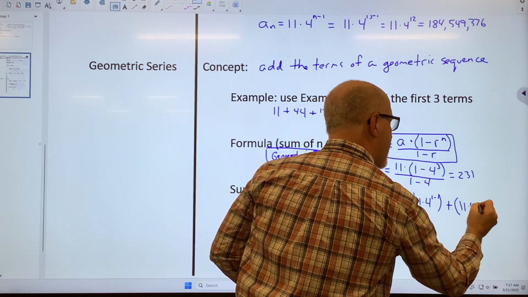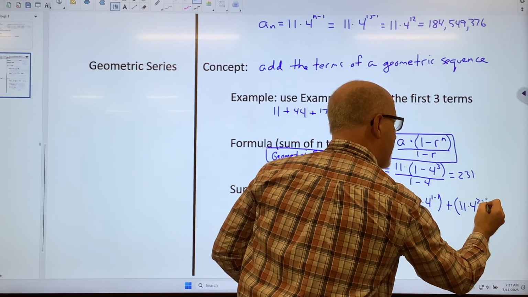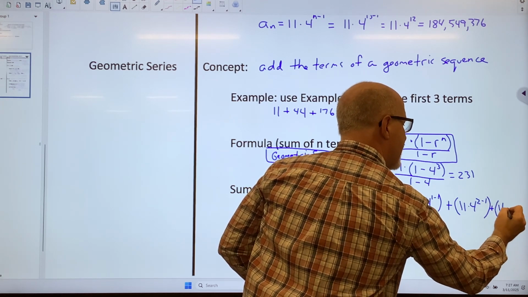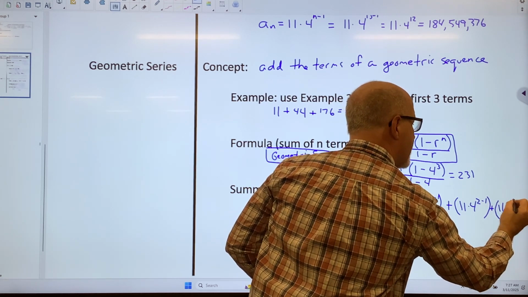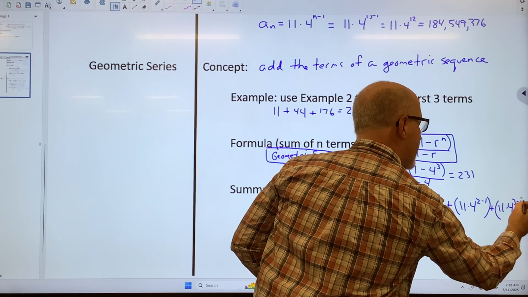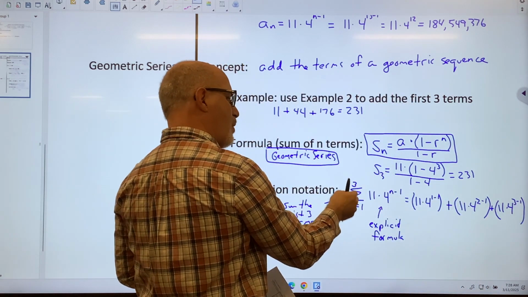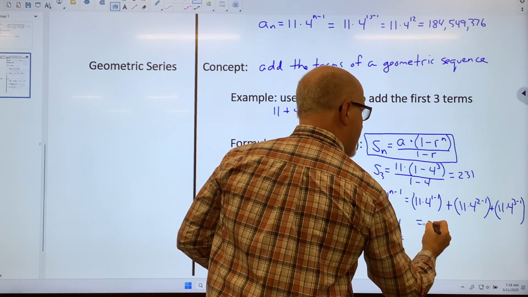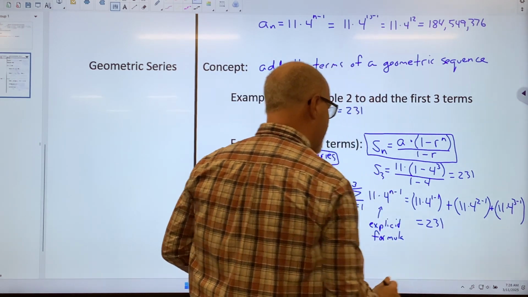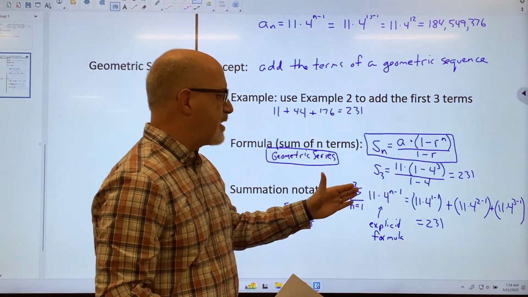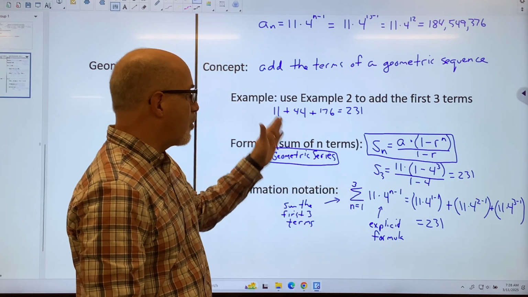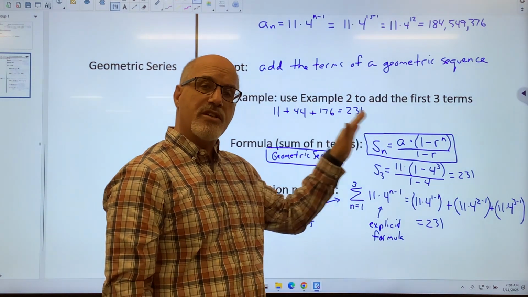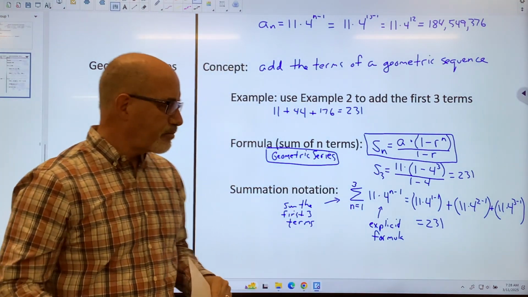So 11 times 4 to the 2 minus 1 power plus 11 times 4 to the 3 minus 1 power. So you count your way from 1 up to 3, calculate each of those together, and you would get the 231. So the summation notation just gives us a way to write out how we're going to do the sum of each of the terms of the sequence.